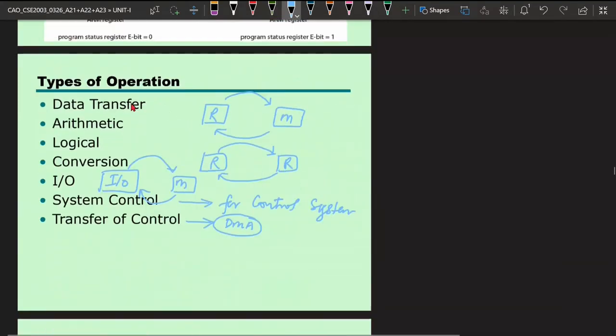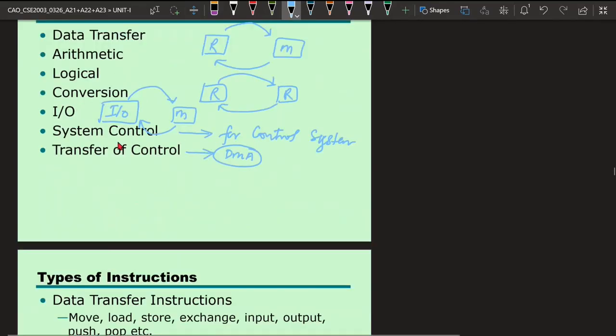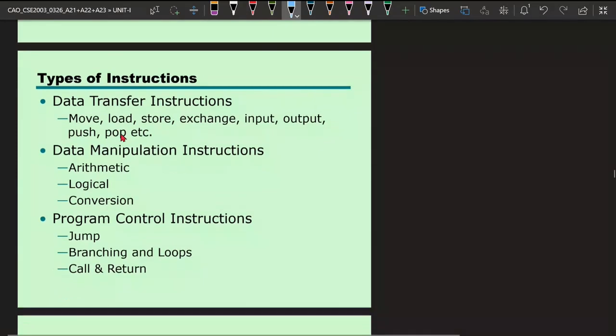Based on the different types of operations that a CPU or a microprocessor can perform, there will be separate instructions. All the sets of instructions will be defined in terms of three types. Different instructions can be included into these three types.